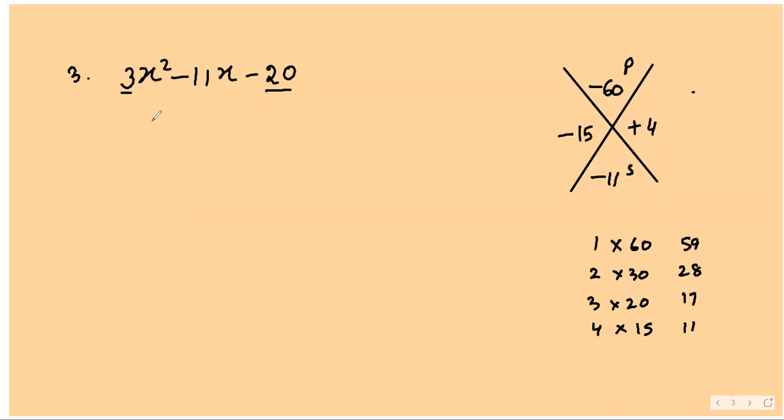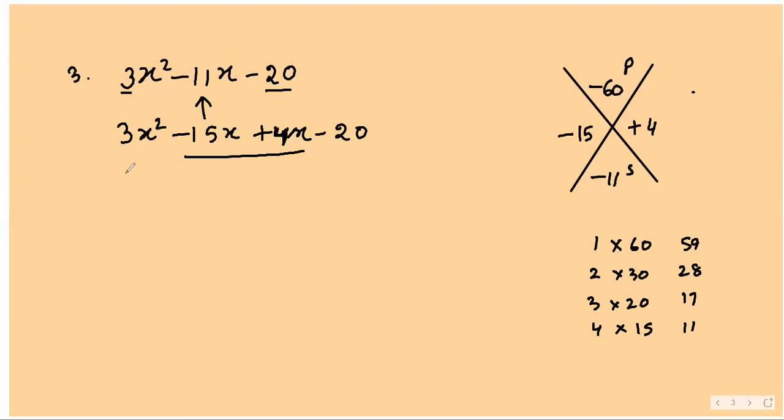So in place of minus 11x, we'll write minus 15x plus 4x minus 20. Remember, we have to write the two terms in a way so that their algebraic sum is equal to the middle term, right? So now we have 3x square minus 15x plus 4x minus 20.